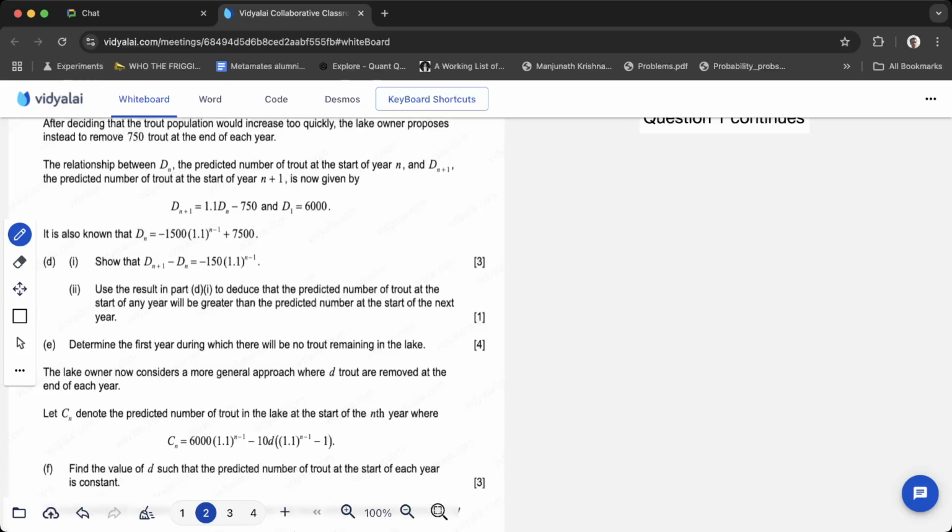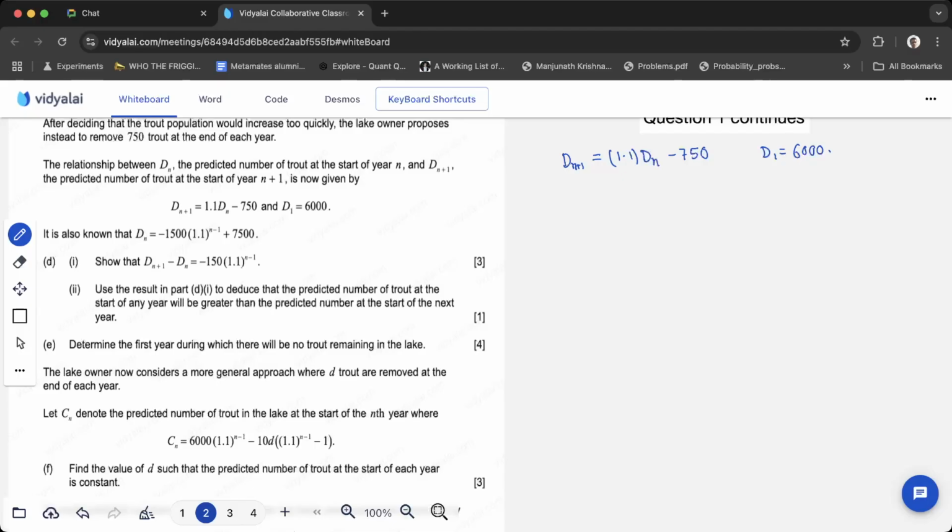So now he proposes instead to remove 750 trout at the end of each year. So the relationship now would be modified to, here we call it dn plus 1. So same 10% increase. Instead of 500, you have to subtract 750. And the initial population is, of course, the same for this model.